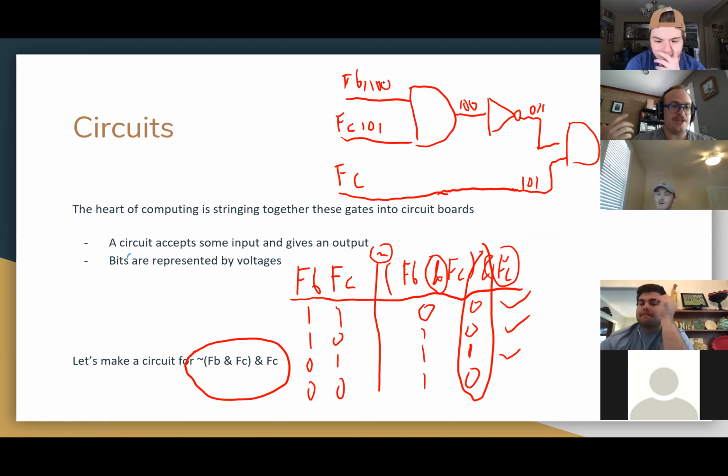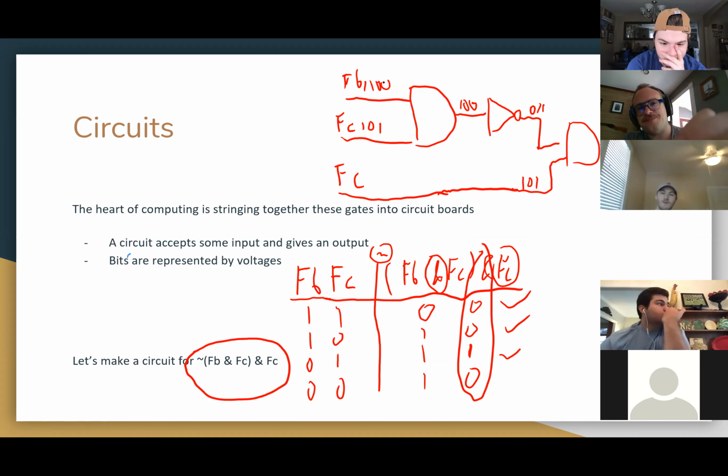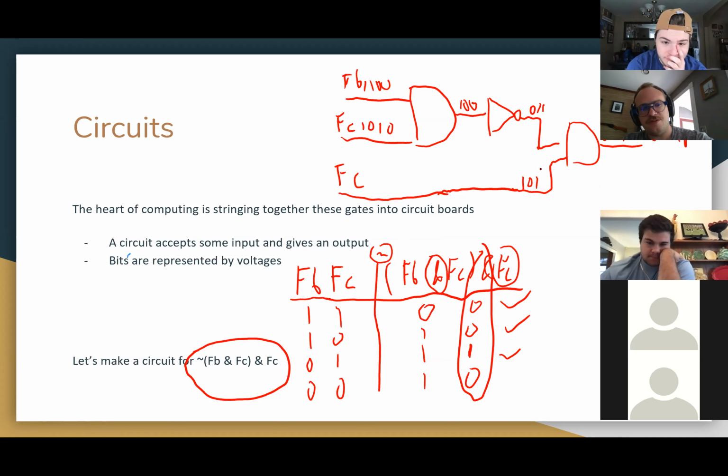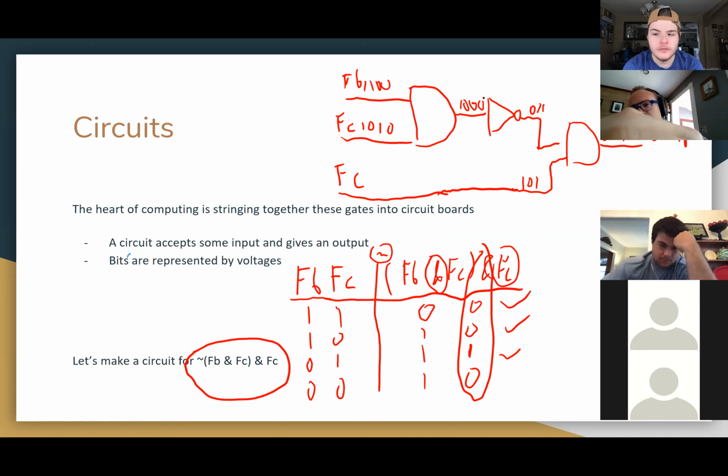So we're doing the computing in our head for this circuit. That's sort of cool, right? That we can do that. And then the output of this AND gate is 0 for that input. The output of this NOT gate is 1. And then FC's input here is 0.